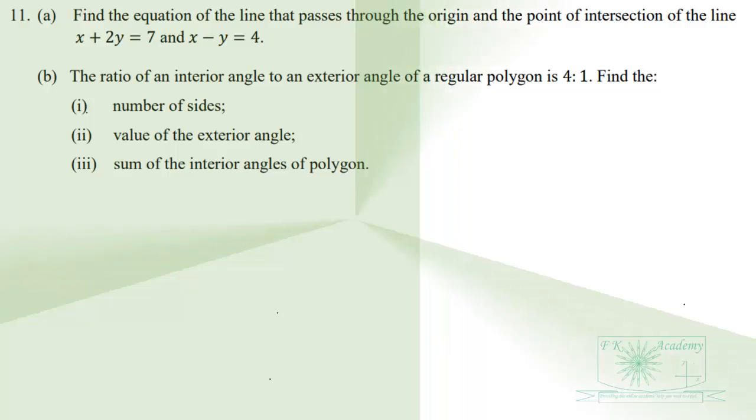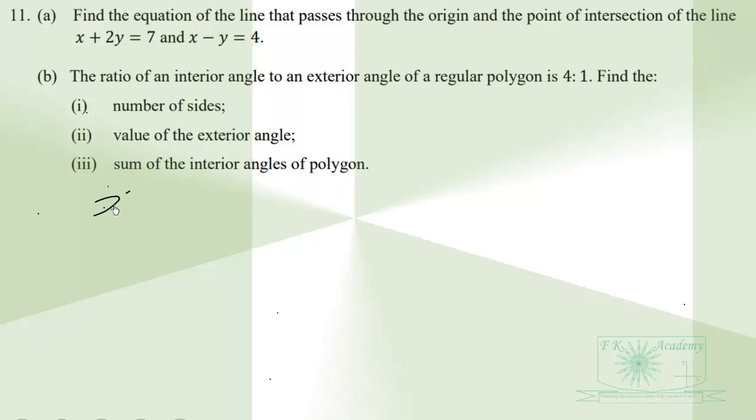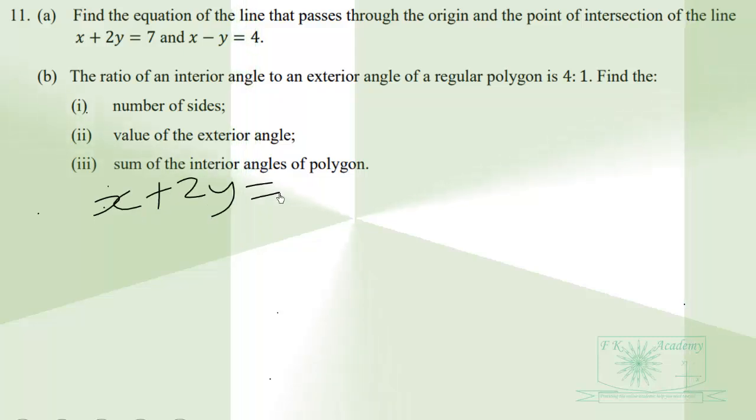All right. So let's start. Question 11a. We have to find the equation of the line that passes through the origin and the point of intersection of the line x plus 2y equals 7 and x minus y equals 4. So the equations are nicely placed for us. We have x plus 2y equals 7. We can call this equation 1.